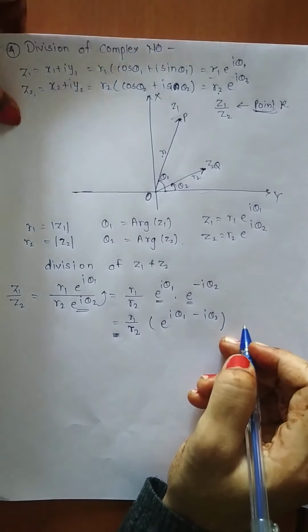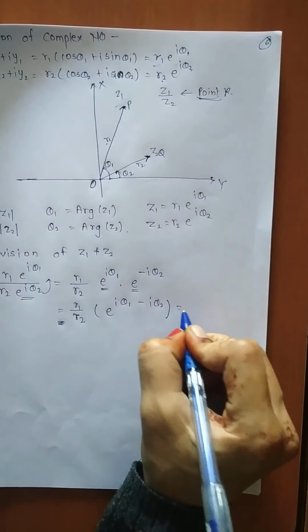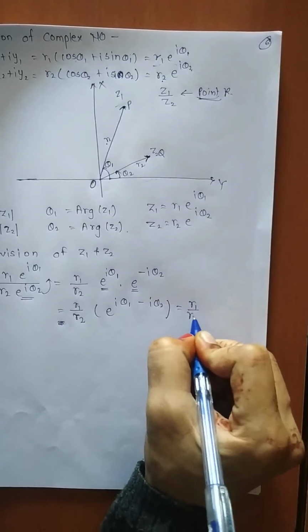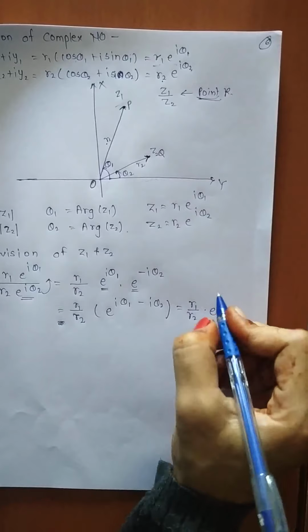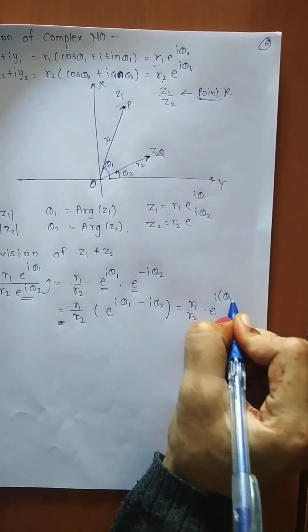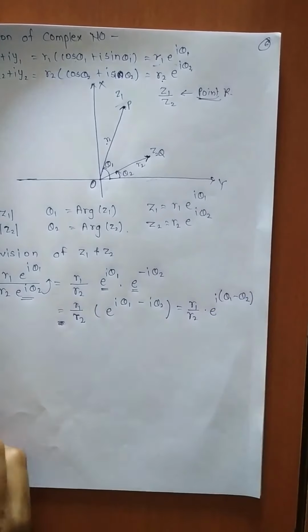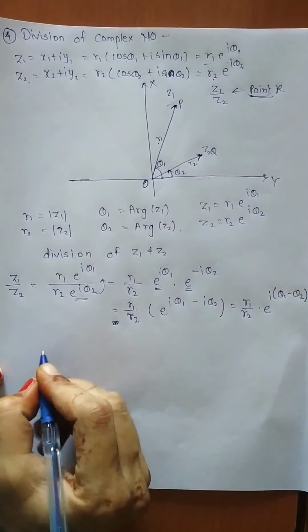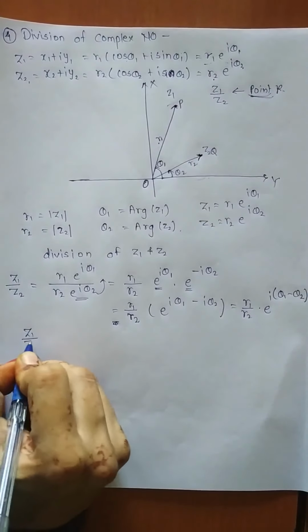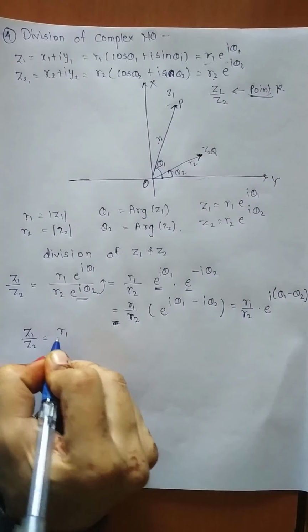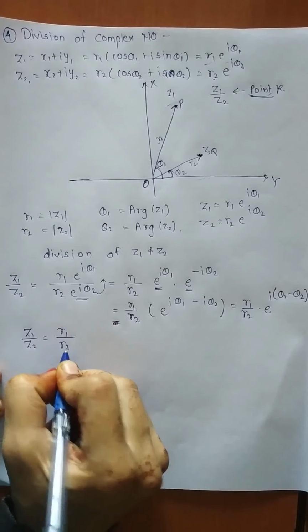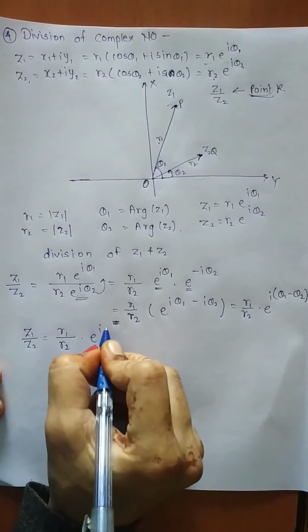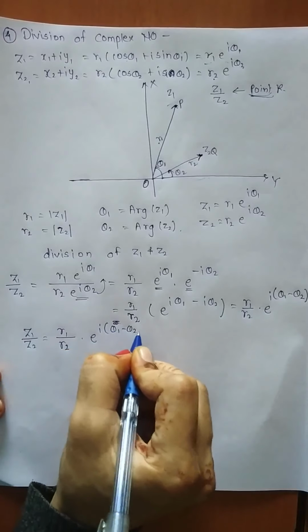Now from this we can take i common. So I can write r1 upon r2 into e raised to i times theta 1 minus theta 2. This means the division z1 upon z2 is written as magnitude r1 upon r2 into e raised to i theta 1 minus theta 2.